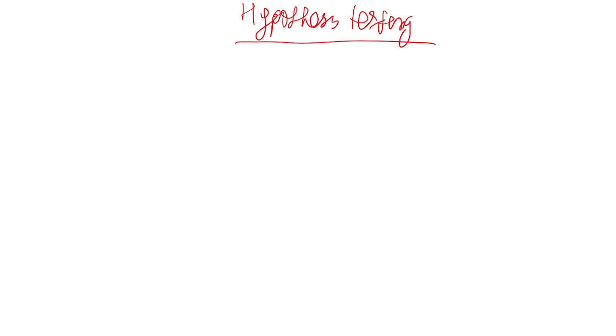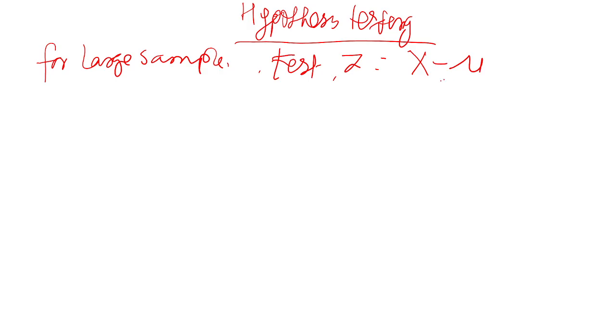In that, first we have seen the large sample. The test statistic was something like z is equal to x minus mu upon sigma upon root n, based upon the central limit theorem.